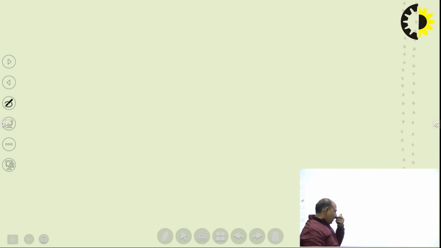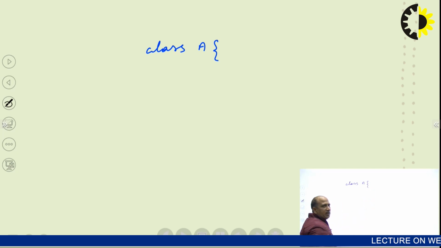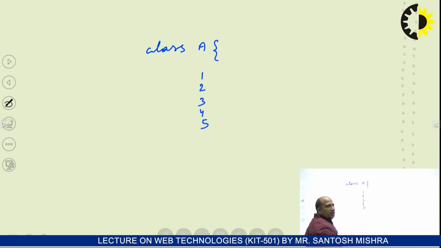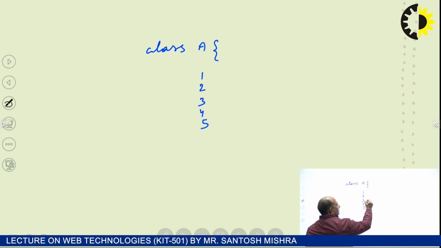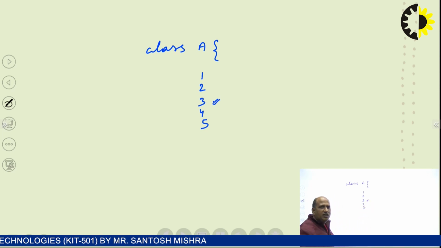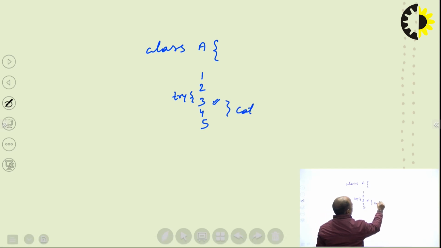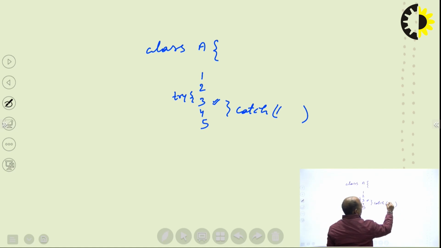Let there be a class A, and this class has some lines of code: 1, 2, 3, 4, 5. At the third place some exceptional situation arises, so this can be handled by putting this code within a try and catch block. Here I will pass some arithmetic exception object.